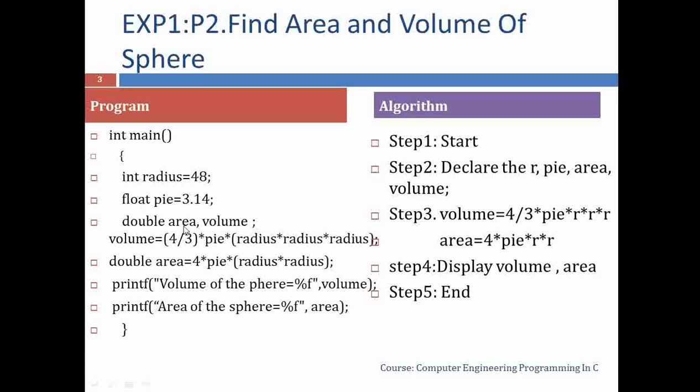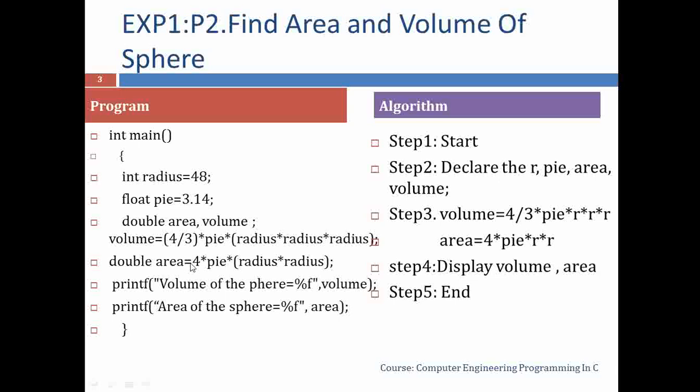And then we require the two output variables, that is area and volume, so we declare area and volume here. Then process the formula: volume is equal to 4 upon 3 multiplied by pi multiplied by, in brackets, r cube. So we write here radius multiplied by radius multiplied by radius.